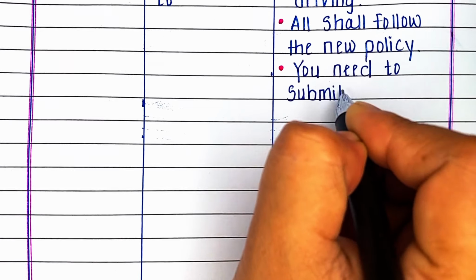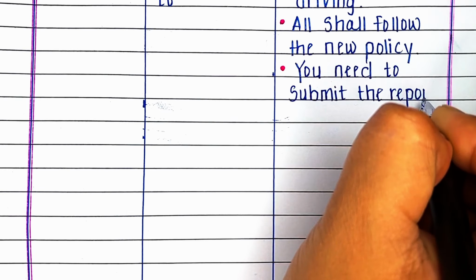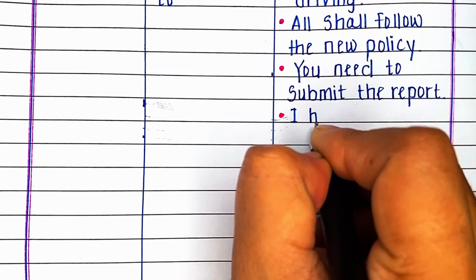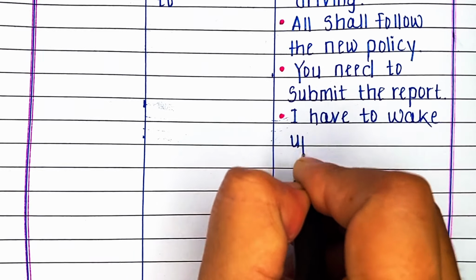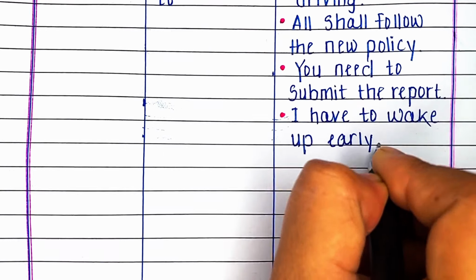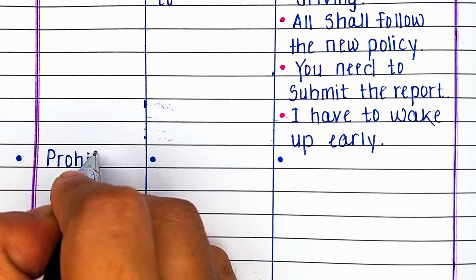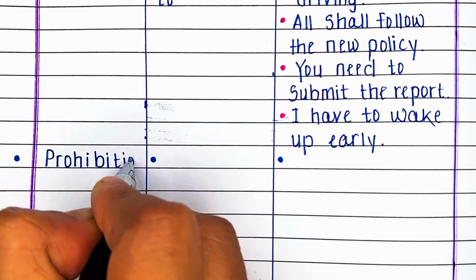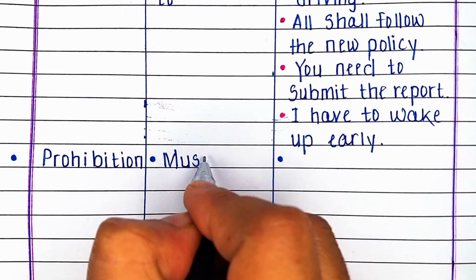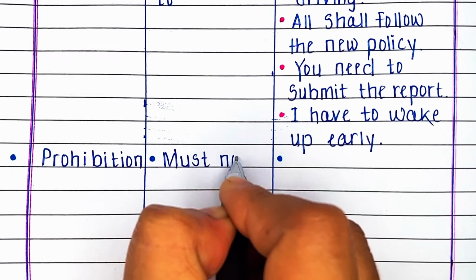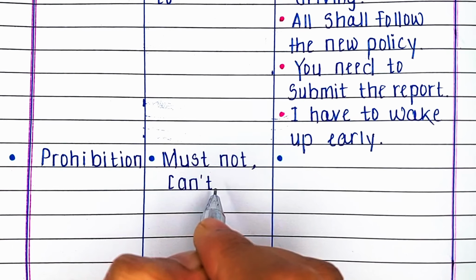Next is need to. Example is, you need to submit the report. Next word is have to. Example is, I have to wake up early. Next function of modal verb is prohibition. Examples: must not and cannot.